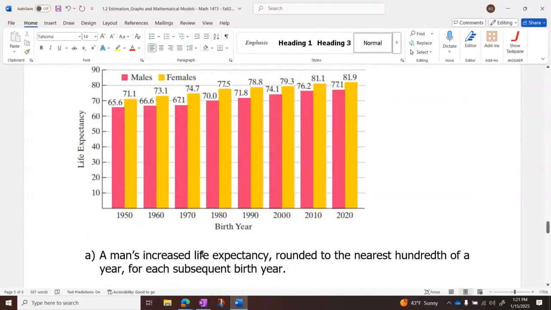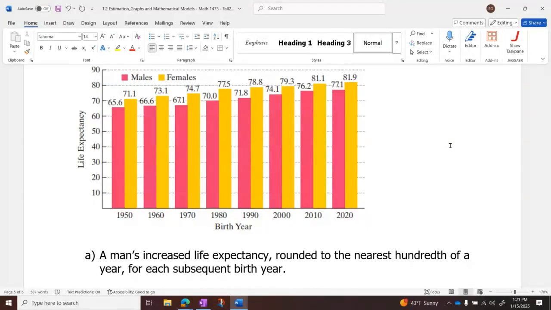A man's increased life expectancy, rounded to the nearest hundredth of a year, for each subsequent birth year. Some questions make the understanding a little bit challenging. I would say for part A, read the requirement more times. What are we looking for?